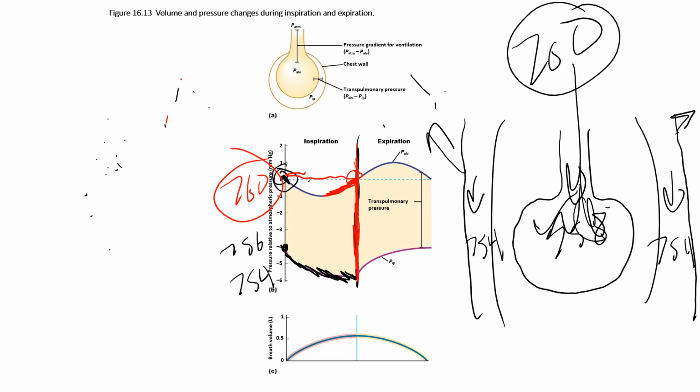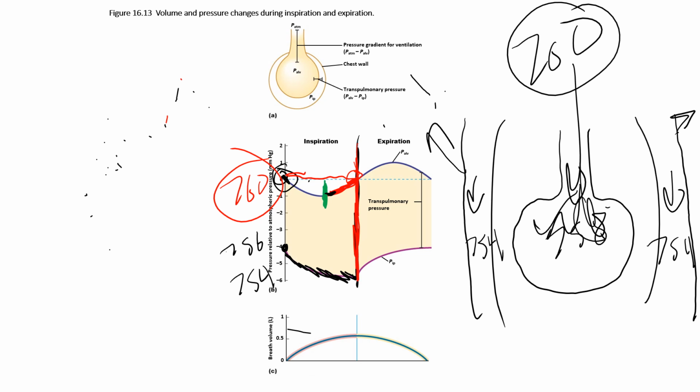Starting about right here, this is the point at which air actually is now coming from the atmosphere into the lungs. Atmospheric pressure is 760, while intra-alveolar pressure is, in my example, 758, in their example, 759, whatever the case might be.